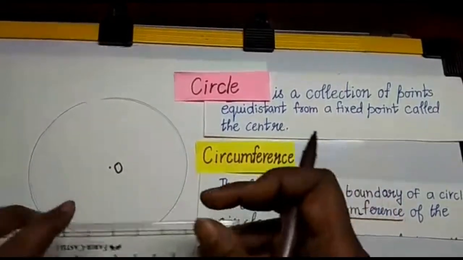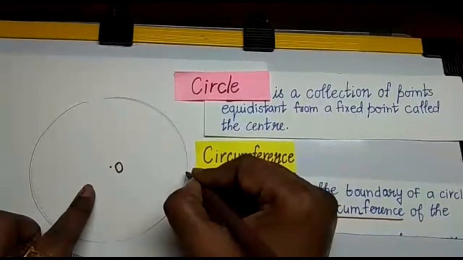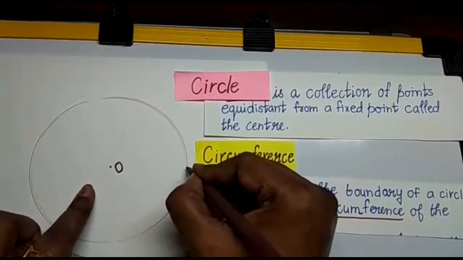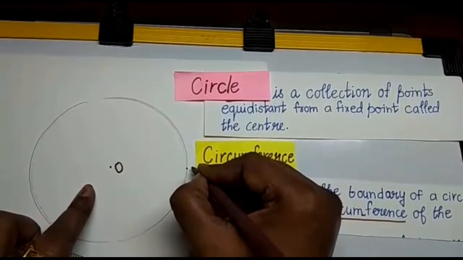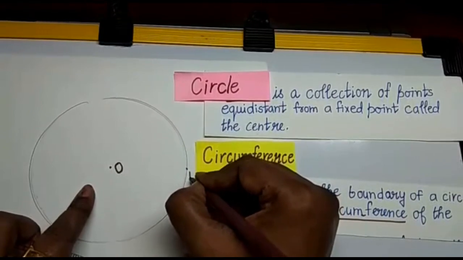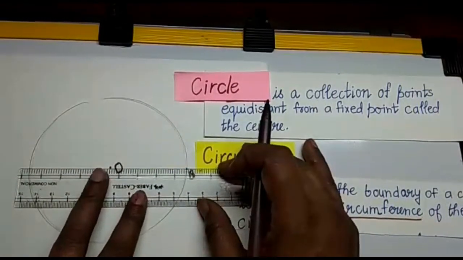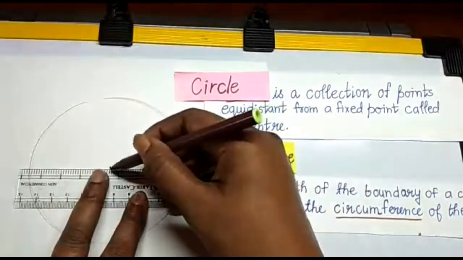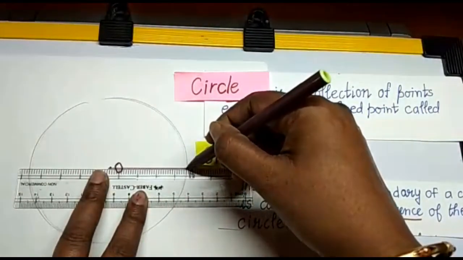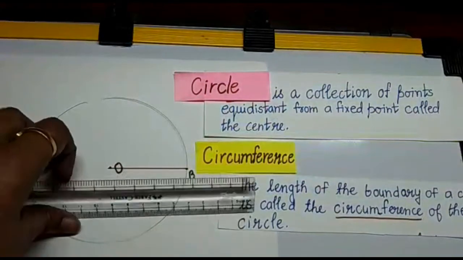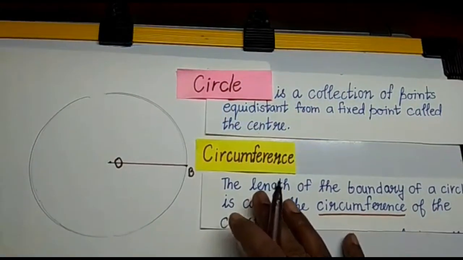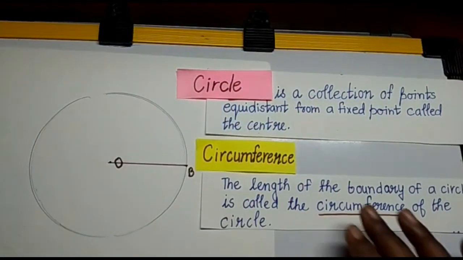Students, as we learned before, if we take any point on the boundary of the circle, for example, if we have taken point B over here and we join it, then we will get the line segment OB. So OB is the radius of the circle, which we have already learned.